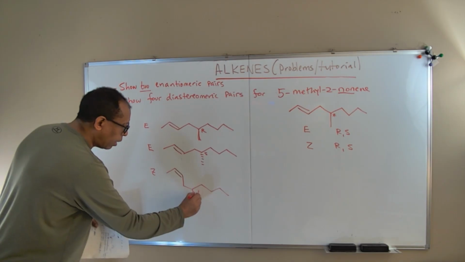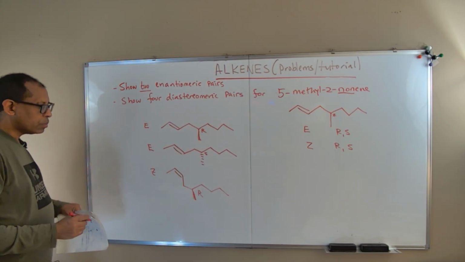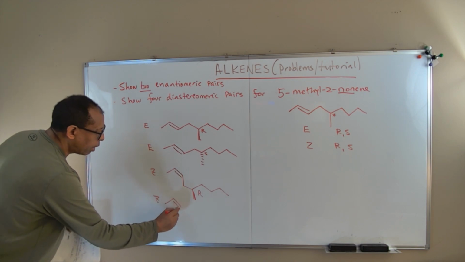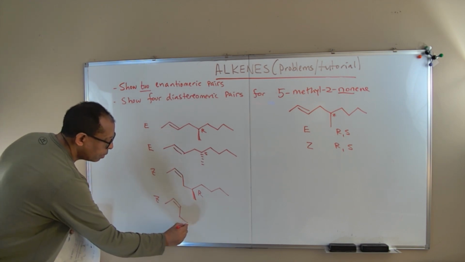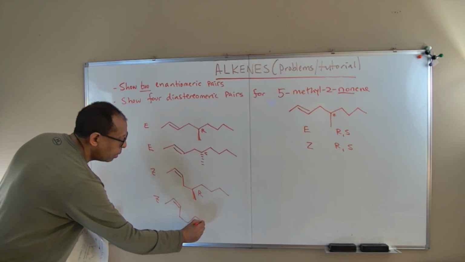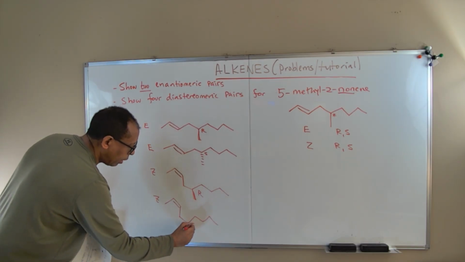So this is an R for the Z, and for Z again you could have an S as well. So that would be a methyl group down, that is an S.